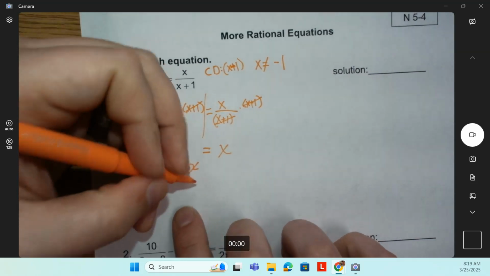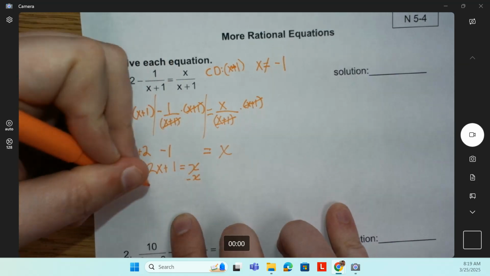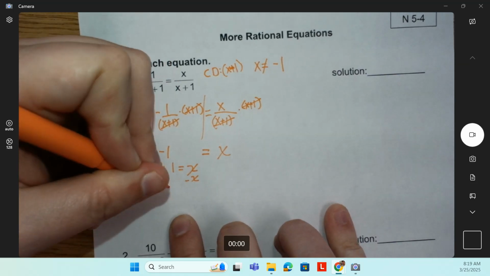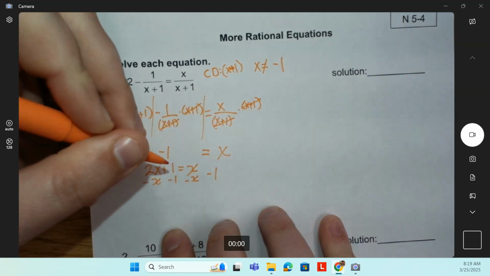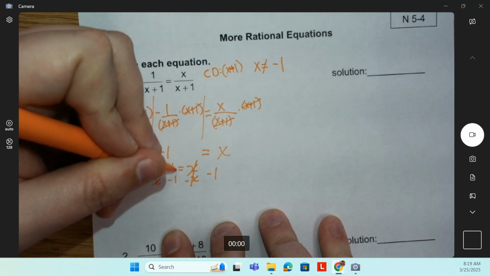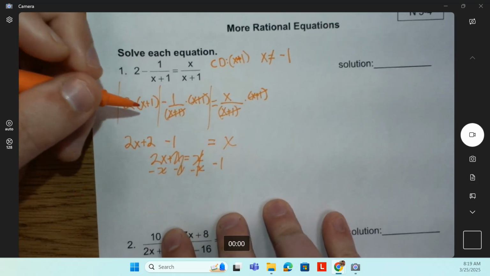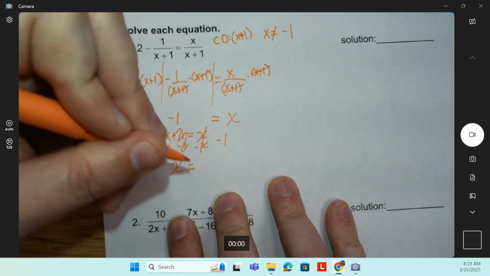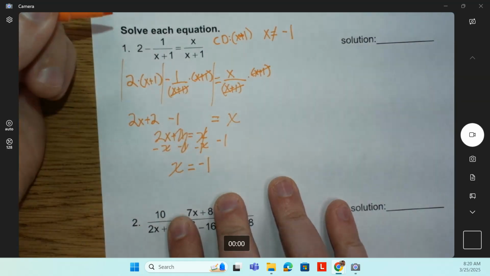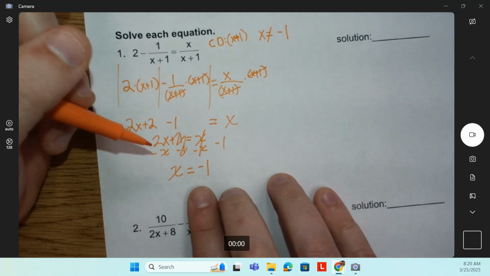Then I'm just going to subtract x from both sides, and I'll also subtract 1 from both sides. Those will cancel out, as will my 1's over here, leaving me with just a single x and a negative 1. So x should equal negative 1.